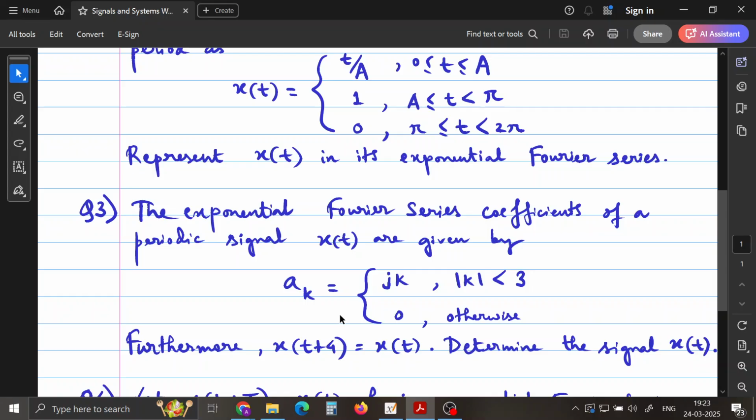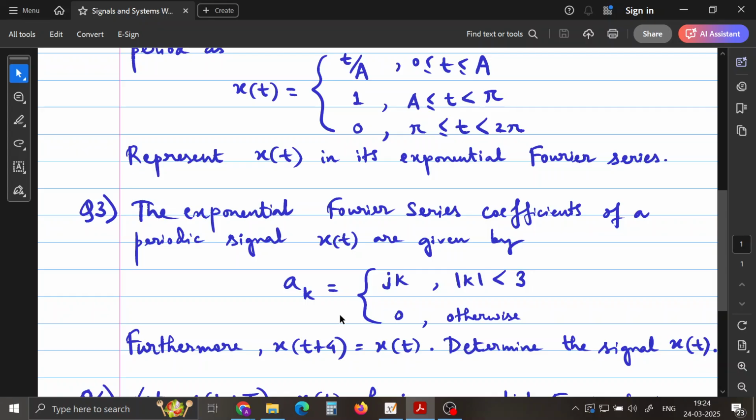AK has the form J times K for mod of K less than 3, which means K lying between minus 2 to plus 2 basically, because K is always an integer, so the set of integers which satisfy mod of K less than 3 would be minus 2, minus 1, 0, 1 and 2.